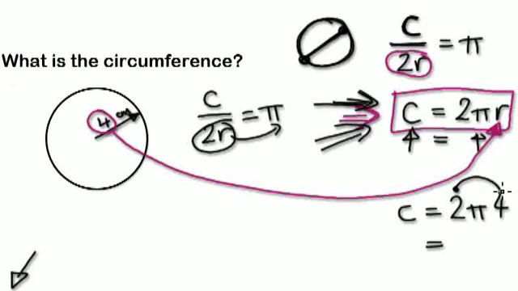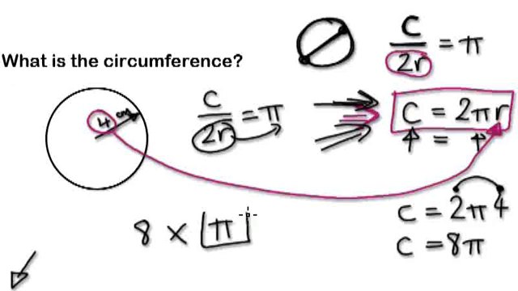Now let's merge these two together, so that will be 8 pi. So the answer, the circumference, is 8 pi. Leave it as 8 pi. If you really wanted to, you can get a calculator and punch in 8 times the pi symbol on your calculator, and then press equal. So the circumference of this circle is 8 pi.